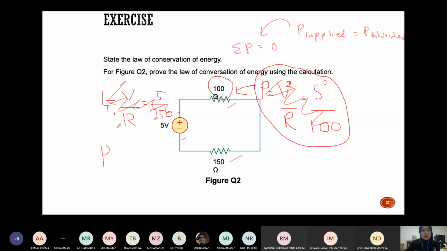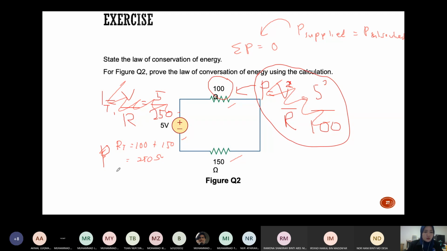First, we want to calculate the total power of this voltage source. So first we need to calculate R total. This is a series circuit, so RT is 100 plus 150, which gives 250 ohm.